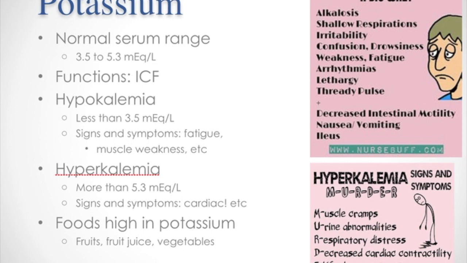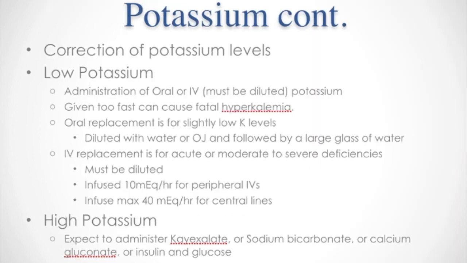And on the flip side, if you have too much potassium or hyperkalemia, a lot of times you're going to have muscle cramps, urine changes. You can have respiratory distress or EKG changes. For hyperkalemia, there are certain medications that we're going to give, and for hypokalemia, again, there are certain medications, and we're going to talk about these next.